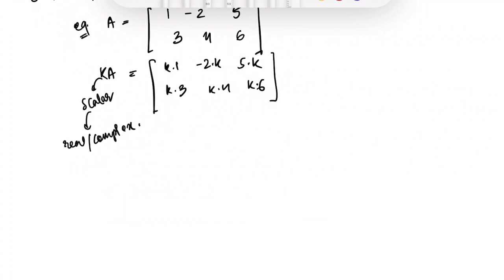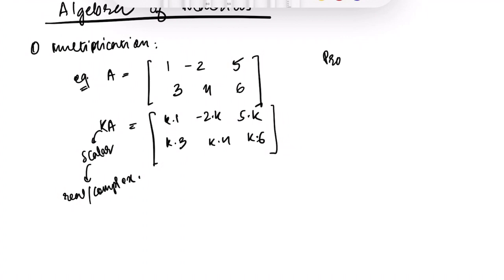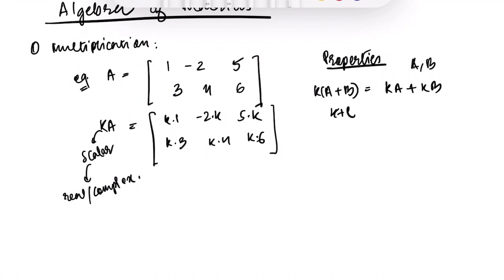Now some properties regarding this multiplication. If we have k times a plus b, very simple, where we are considering a and b, so k into a plus k into b. So we have k, l and a. If it's this way, we have k into a plus l into a.